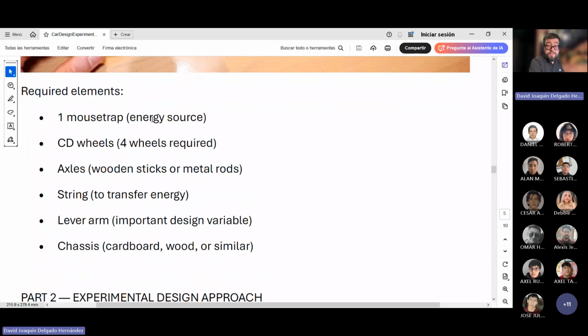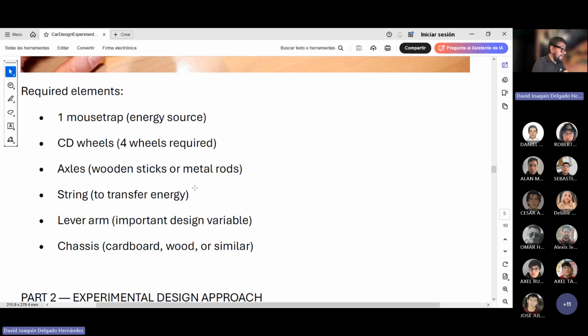So you are going to require one mouse trap, which is the energy source of the car, the CD wheels, the axles, a string, a lever arm, and a chassis. So look, here are some of the variables of the experiment that you have to consider.